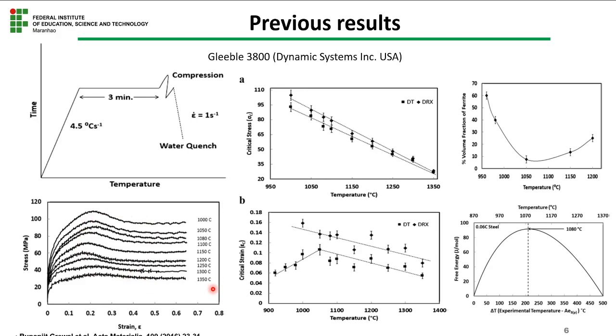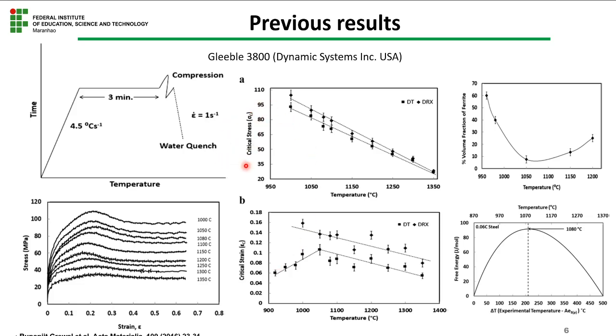We have two minimums: the first minimum is related to the onset of dynamic transformation, while the second minimum is related to the onset of dynamic recrystallization. This was shown by previous researchers, where metallography techniques were used to prove this kind of behavior.